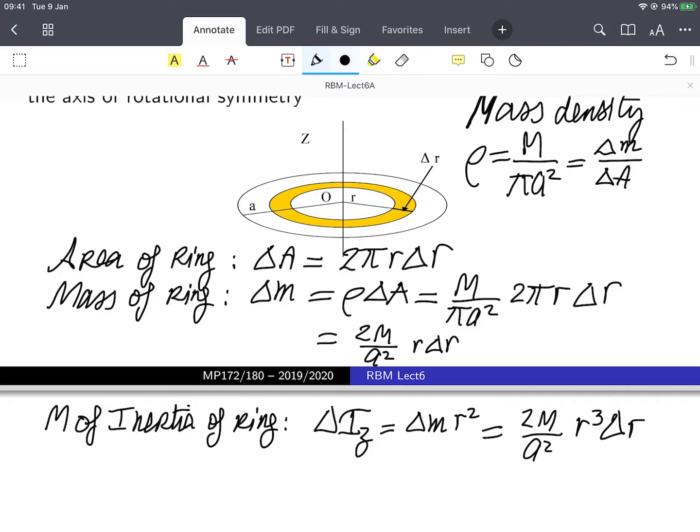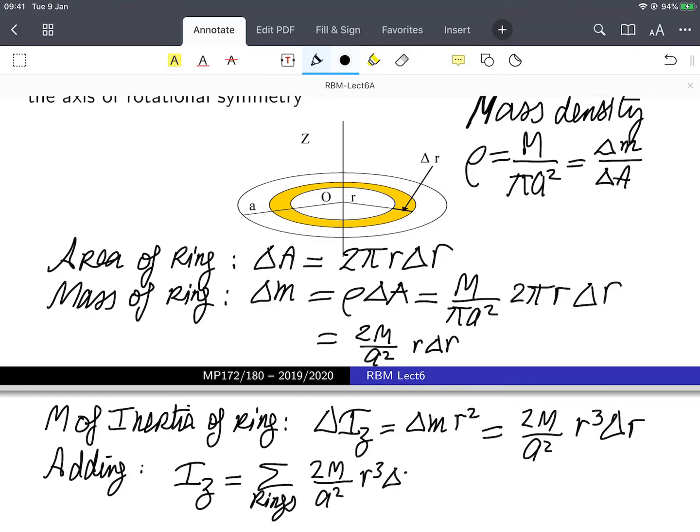And then, you've guessed it, I'm going to add up to find the total moment of inertia. It's going to be the sum of all the rings, 2M over a squared, r cubed delta r.